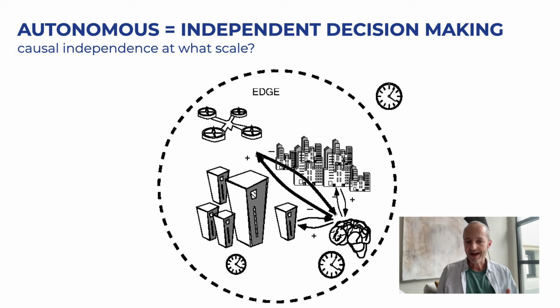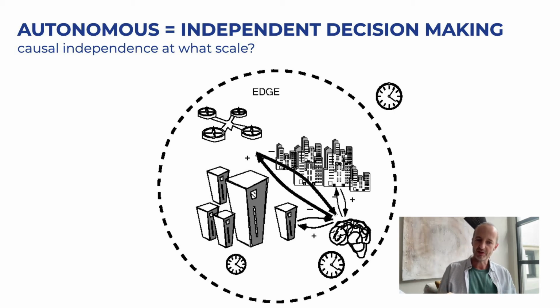So the ability to act independently is a scale-dependent concept. If we look at this picture, we see drones and buildings and cities, and we can say that the drone is independent if it acts independently, or a building is independent, or a room in the building is independent, or a collection of buildings may want to cooperate to share power.